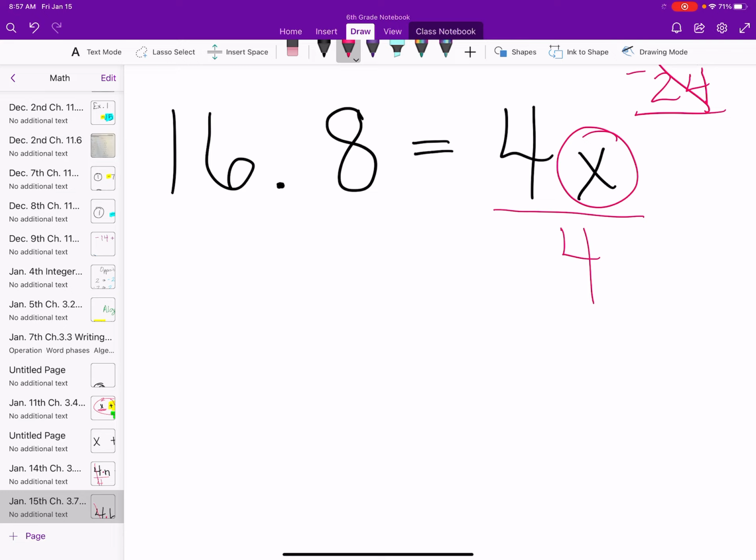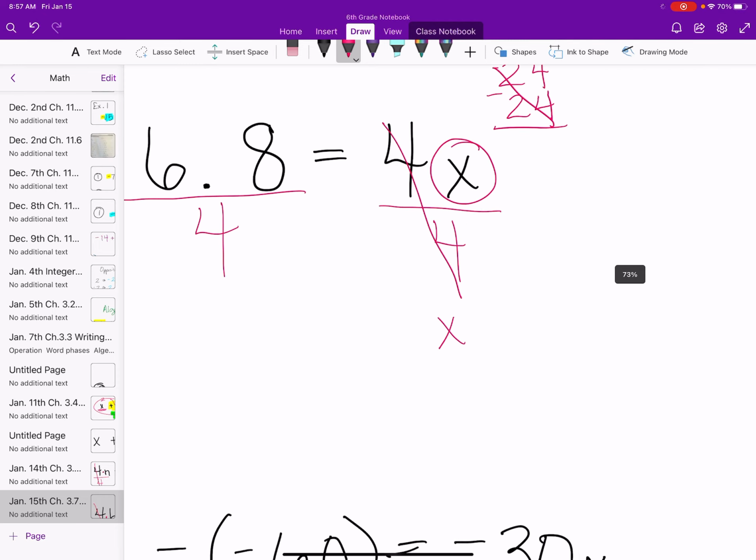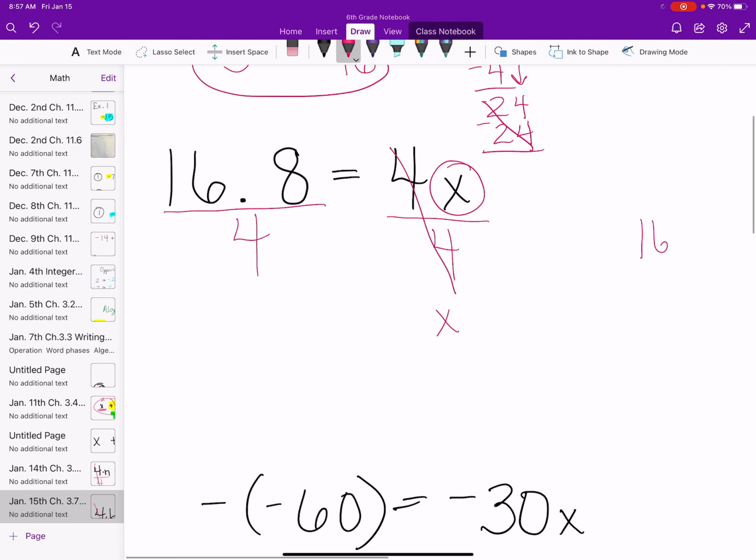And when I take 4 divided by 4, it's like saying 1x. 4 divided by 4 is 1. I still have my x. I don't need to put the 1 in front of it, so I just don't. Okay, so if I did divided by 4 on one side, I also have to divide by 4 on the other. And that tells me to do 16.8 divided by 4. 4 goes into 16 4 times.